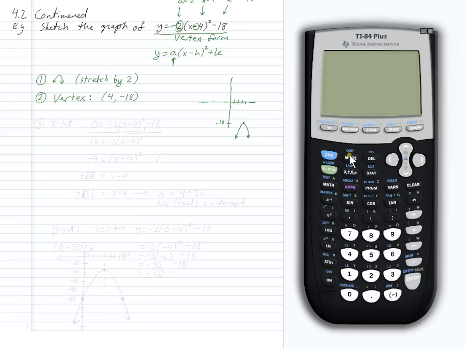So just looking at the trajectory, I don't think we should expect to find any x-intercepts. Let me verify that in this case, because this version of a parabolic equation is a little bit strange. So to find our x-intercept, if there were one, we would let y be 0.